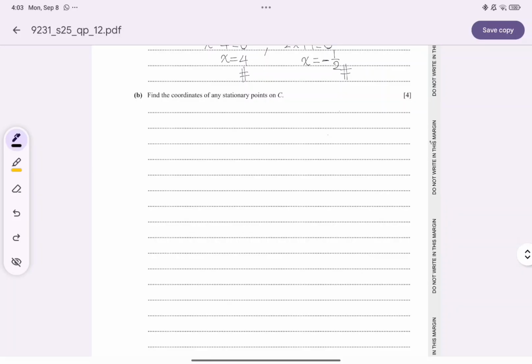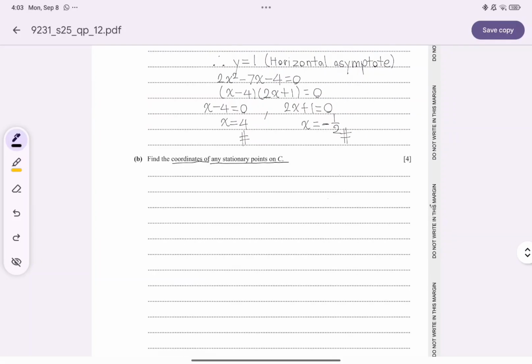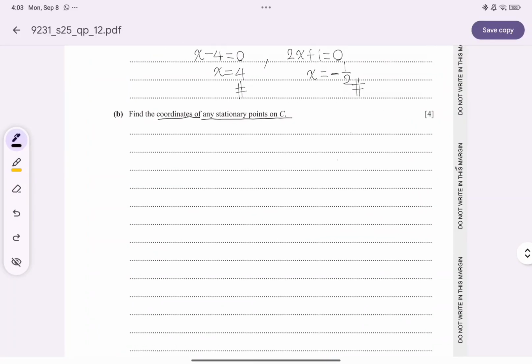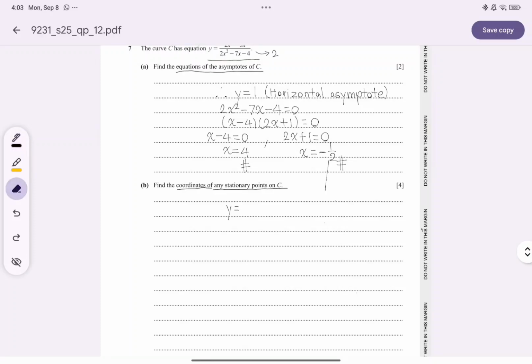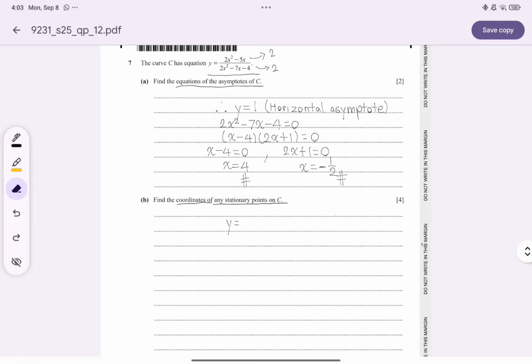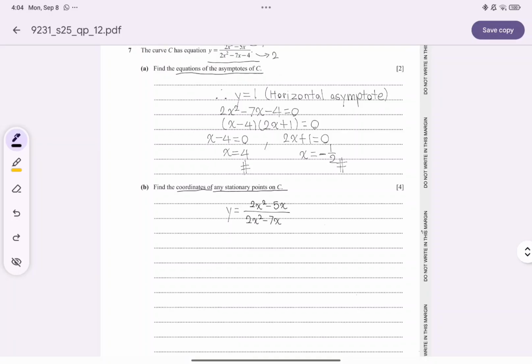Okay, so here we're going to have to find the coordinates of any stationary points on C. First of all, let's copy down our equation. y equals 2x squared minus 5x over 2x squared minus 7x minus 4.